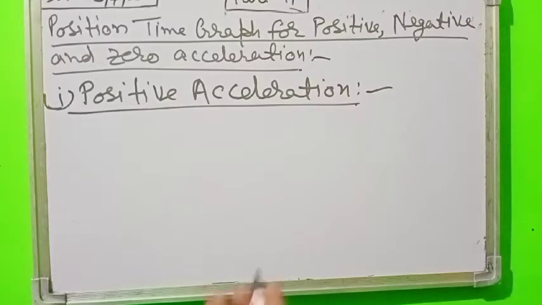It means to say that suppose from any reference point at t is equal to 0, the body is at a distance of 2 meter, and at t is equal to 10 seconds, the position of the body from the reference point become 10 meter. Means the position of the particle is going to be increasing with the passage of time. So it is called as positive acceleration. Means when distance covered by the moving object goes on increasing with time, then it is called as positive acceleration.